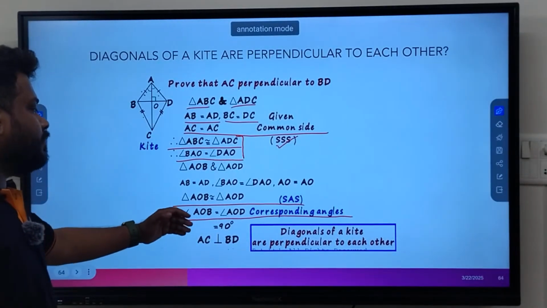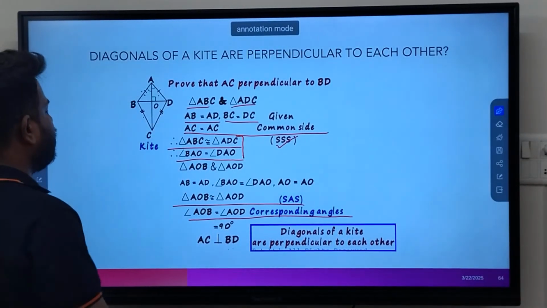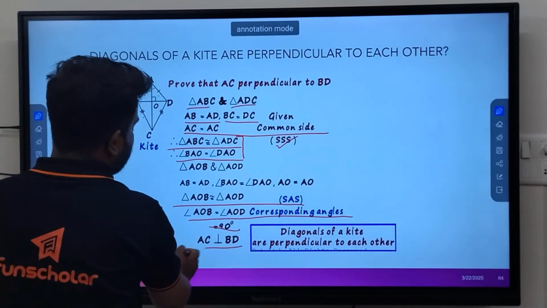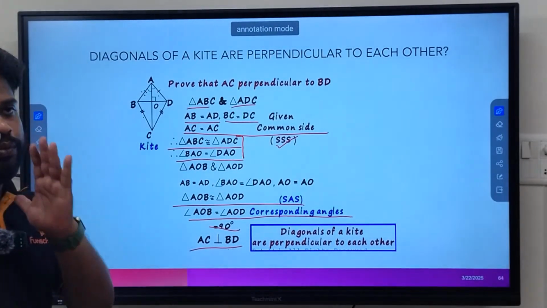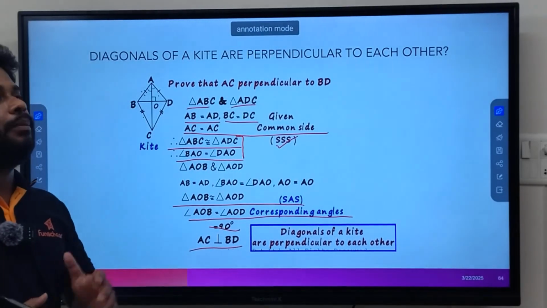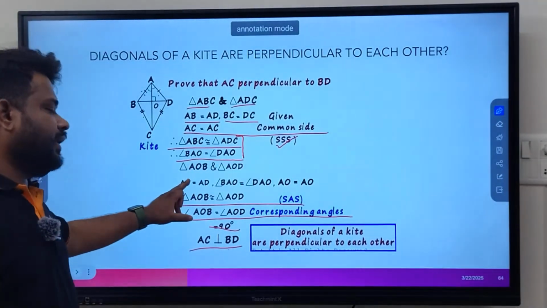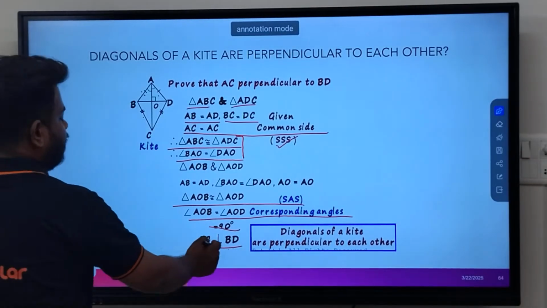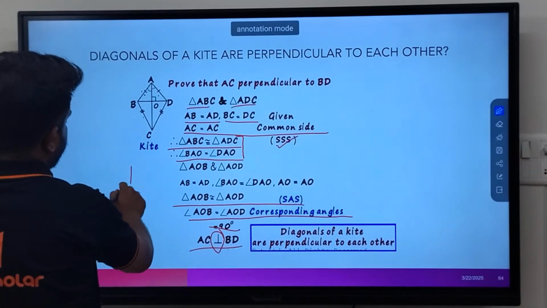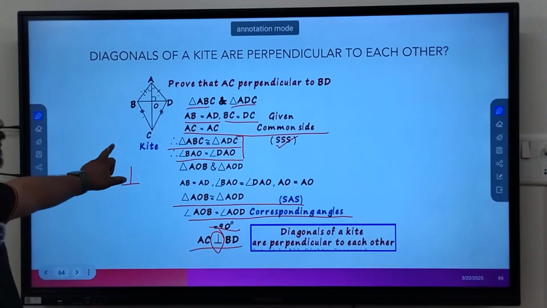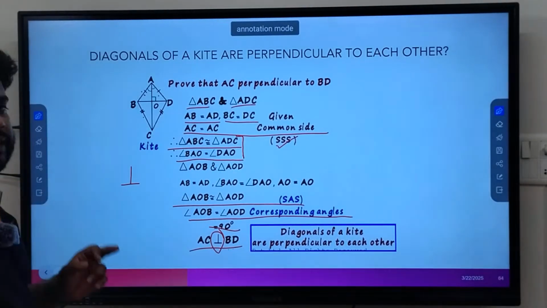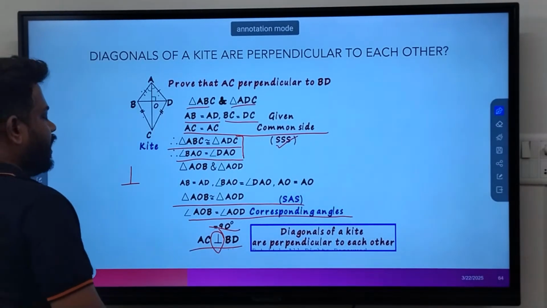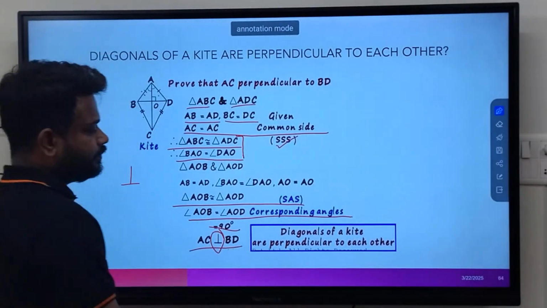Because they are corresponding angles, they will have to be 90 degrees, and we know that to be perpendicular, the main requirement is a 90 degree angle, which is represented by this sign. So diagonals of a kite are perpendicular to each other.